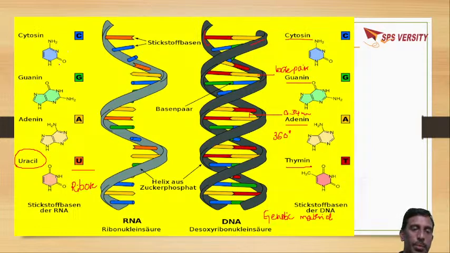RNA has uracil, but DNA does not have uracil, it has thymine. These are the differences between DNA and RNA, which play an important role as nucleic acids in living organisms.